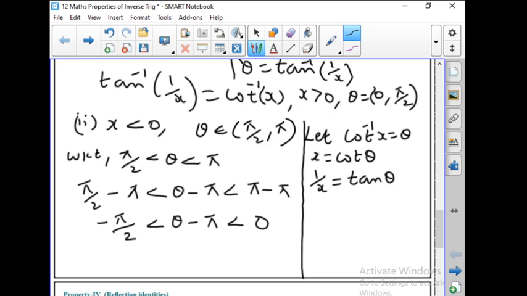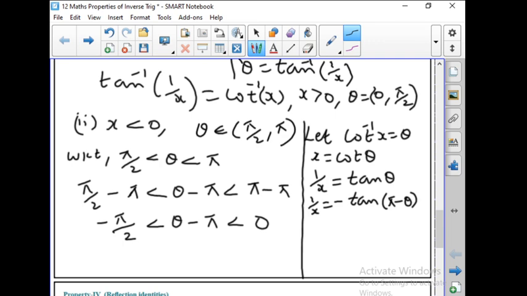We can also write this tan theta as minus tan of pi minus theta, because pi minus theta is in the second quadrant, and in the second quadrant tan is negative. Therefore we have minus tan theta, and minus of minus becomes plus. So tan theta can be written as minus tan of pi minus theta.